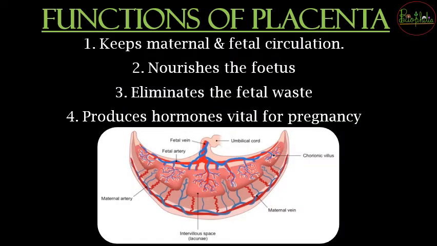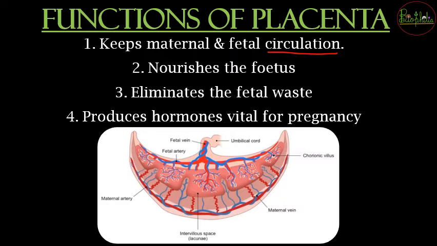Now about the functions of the placenta. So four functions of the placenta, that includes to keep the maternal and fetal circulation, as well as the exchange of gases. So whatever carbon dioxide the fetus produces needs to go into the maternal circulation and be breathed out from the mother's nose.